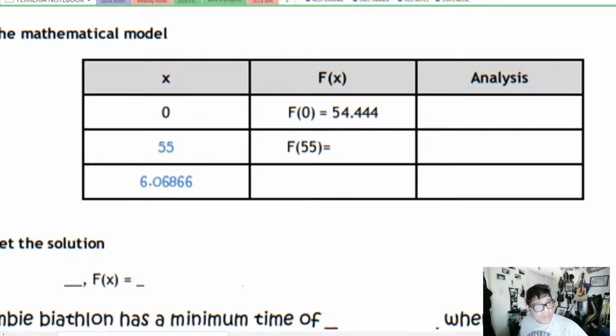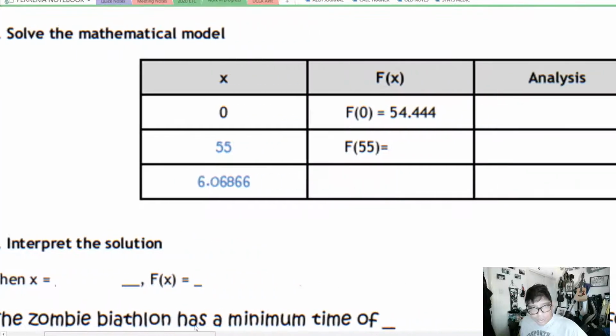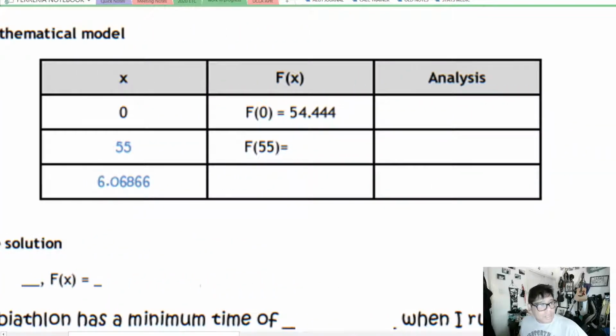So the next thing we're going to need to do is to solve the mathematical model, which means we're going to use the candidate test. Okay, when x is equal to 55, x equals 6.06866 over here. Let's go ahead and do this with the calculator the way we have been doing this. Now remember, we're substituting into that time formula, not the derivative of the time formula.